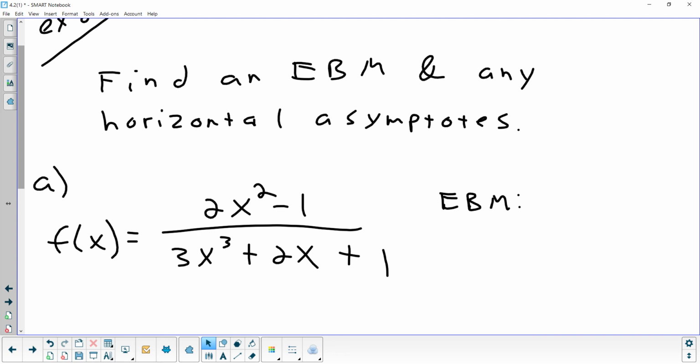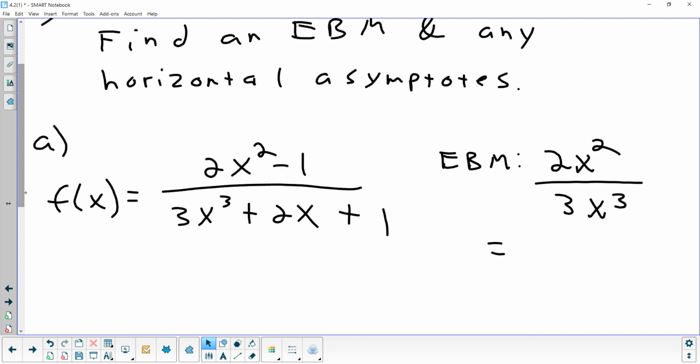2x squared. Yep, 2x squared. And Maddie, what's the EBM of the denominator? 3x cubed. And now we want to reduce that as much as we can. So Lindsay, when I reduce that, what do I get? 2/3 x to the negative 1.